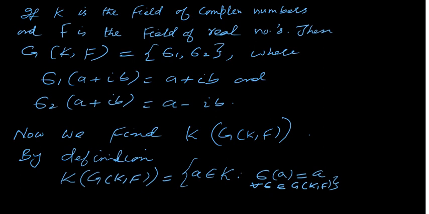This is the definition. Okay, so it means that a is in K means a is a complex number. Okay, a is alpha plus iota beta.